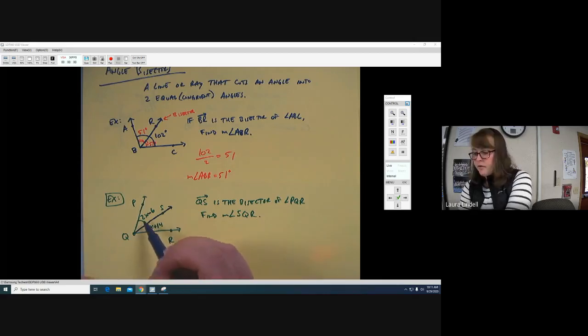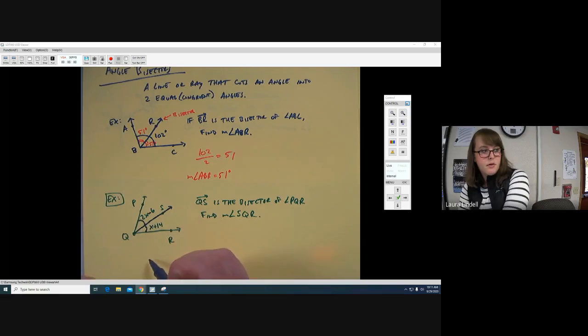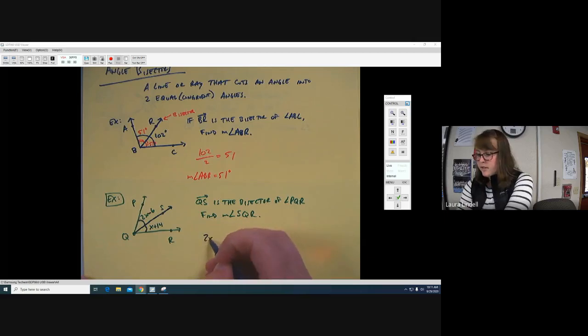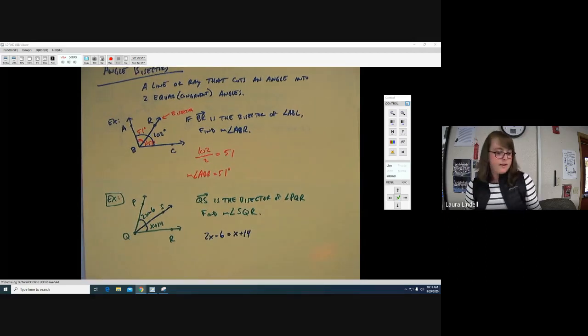So if this is cutting my angle into two equal pieces, that means that these two angles are the same. They are equal to each other. So what I'm going to do is, just like if it were vertical angles, this is another angle relationship where the angles will be equal. We're going to go 2x minus 6 equals x plus 14 for our equation.